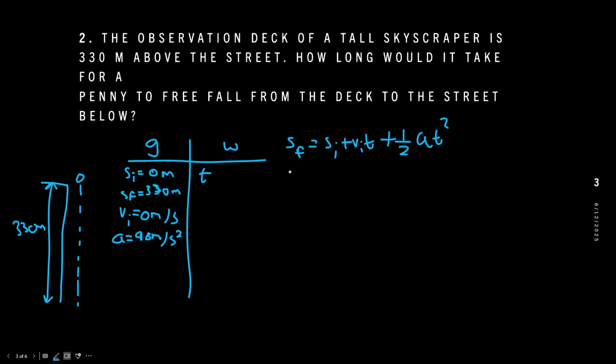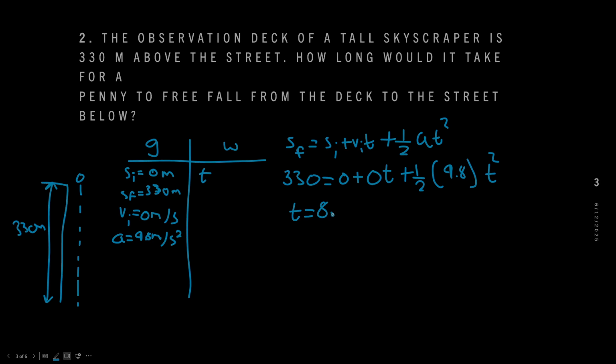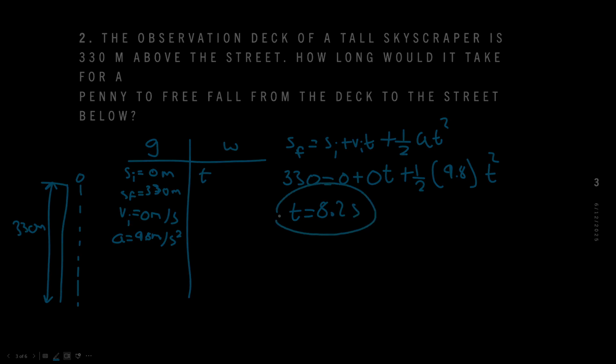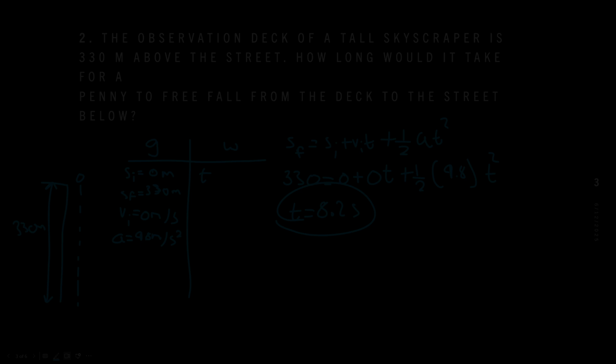Now we could plug in numbers, so 330, then 0 for the initial displacement, then 0 for the velocity times time, plus 1/2 times 9.8 t squared. And then if we solve for the time, it would equal 8.2 seconds. So that's our answer for the second problem.